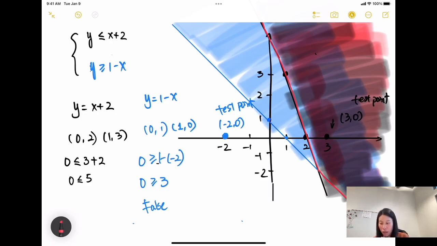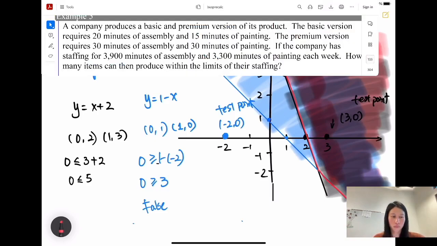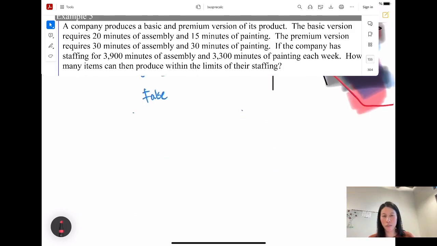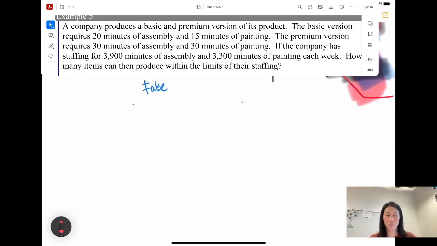Okay, maybe I can give you another example, a real life example. A company produces a basic and premium version of its products. The basic version requires 30 minutes of assembling and 50 minutes of painting. The premium version requires 30 minutes of assembling and 30 minutes of painting.